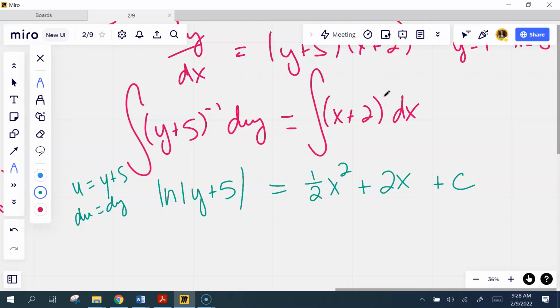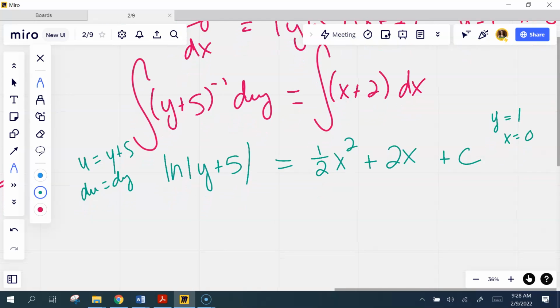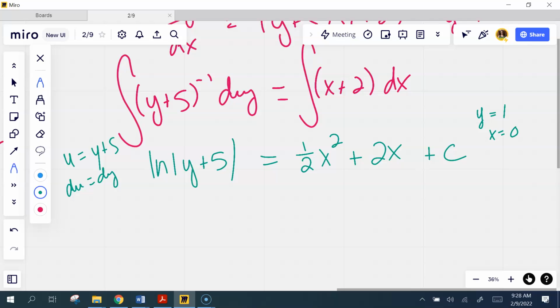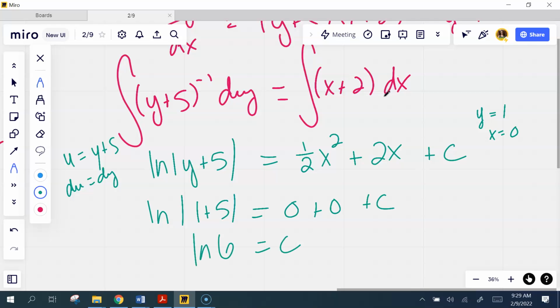I find it easier to do here than to solve first, but if you don't, that's fine too. Y equals 1, x equals 0. If I come up with a positive or negative situation, I'm going to have to take the positive because of that absolute value. Natural log of 1 plus 5 equals 0 plus 0 plus c. Log of 6 is c.